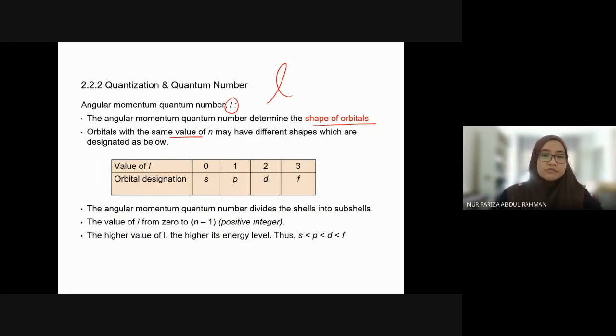If l is equal to 0, that means the orbital is an S orbital. If l is equal to 1, the orbital is called a P orbital, a P-shaped orbital. If l is equal to 2, it is a D orbital, and if l is equal to 3, it is an F orbital.